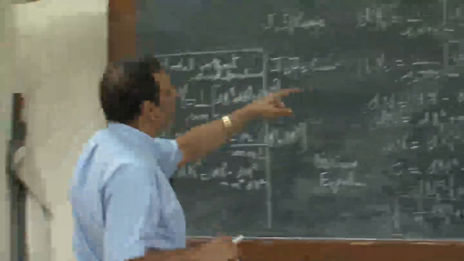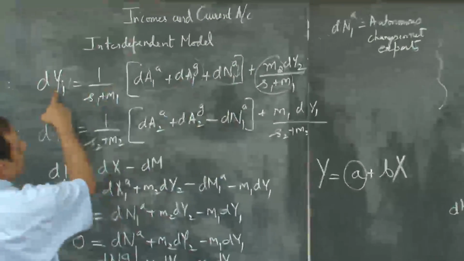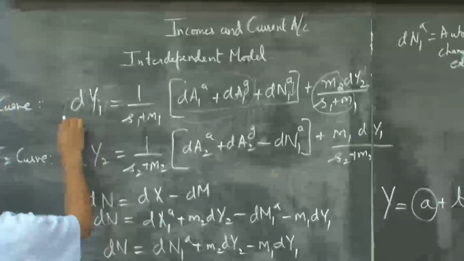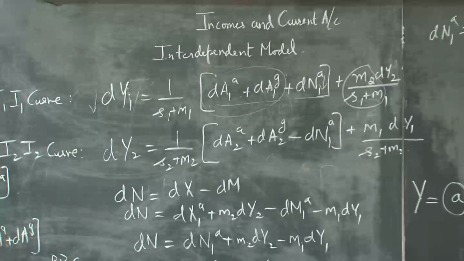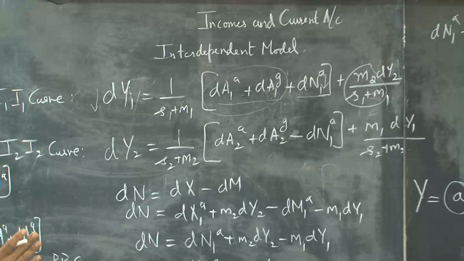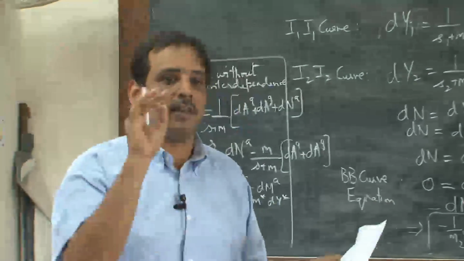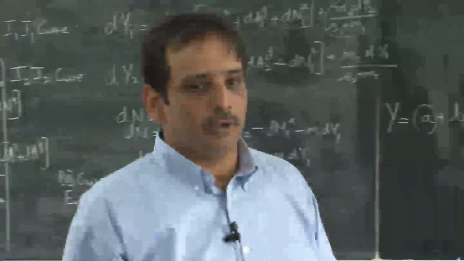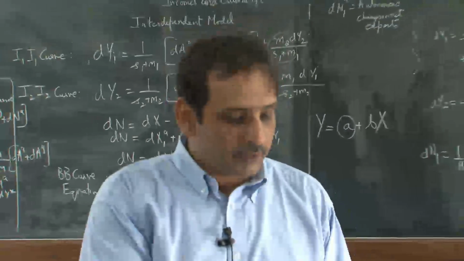The dN1A term goes down. So what will happen to the incomes here? It goes down. So when the incomes go down, given that the Japanese incomes remain the same, you would see a leftward shift of the I1 curve, and that is what happens.